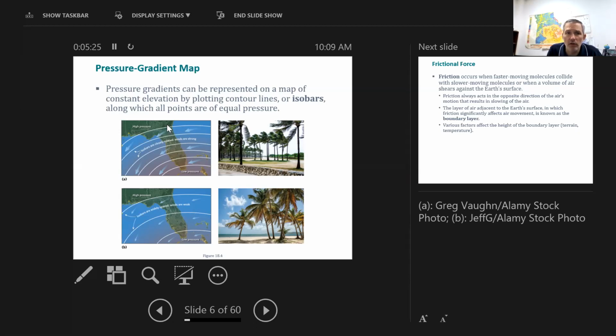When the isobars are closer, we have a steeper gradient. Again, I can't see the numbers on this image, but if we're having a uniform air pressure difference, say 4 isobars of pressure difference, very closely spaced, very fast moving.